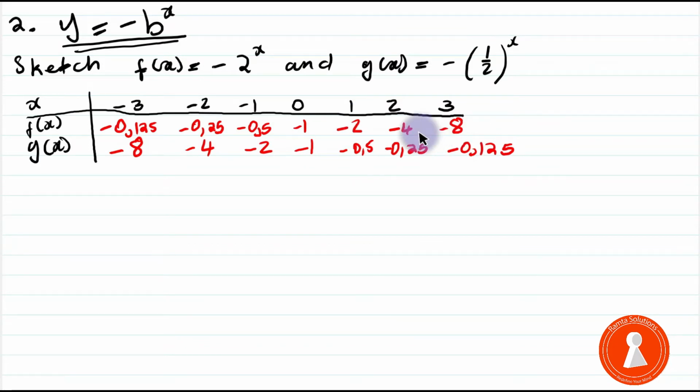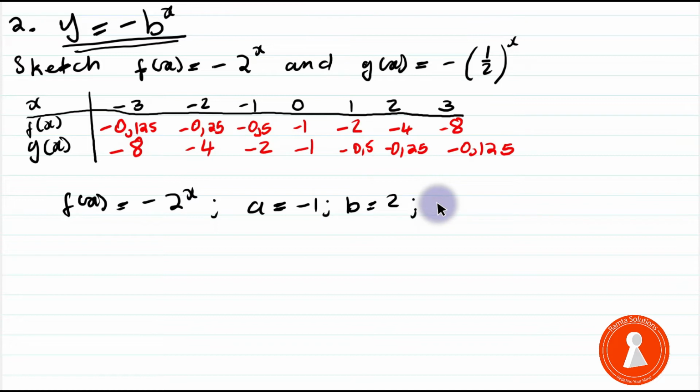Now, on this one, we need to look at a few things. Let's look at f of x. It is minus 2 to the x. So this means a is -1, b is 2, and q is 0. Cool.